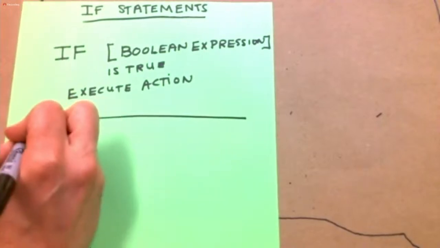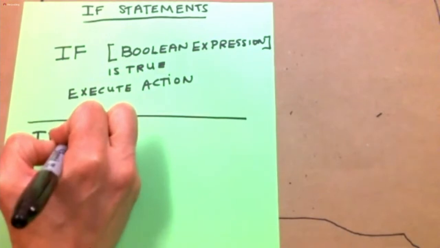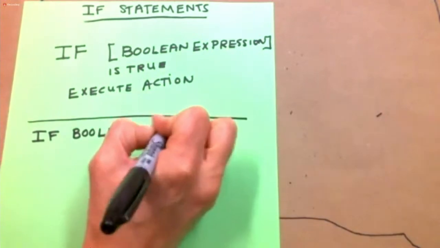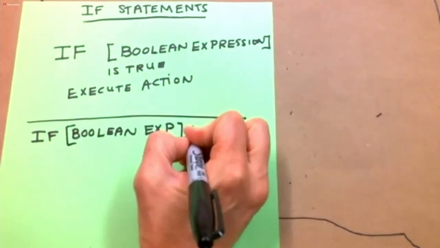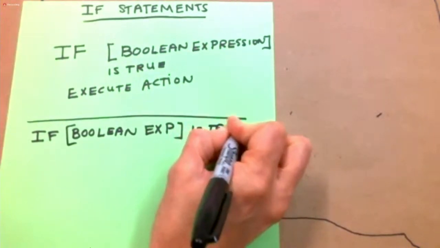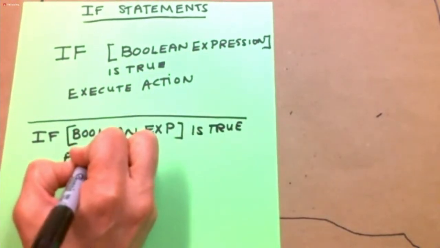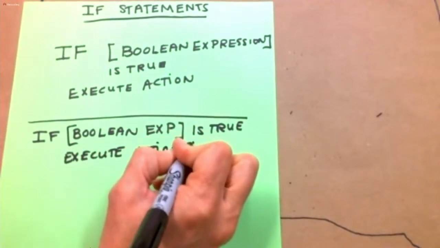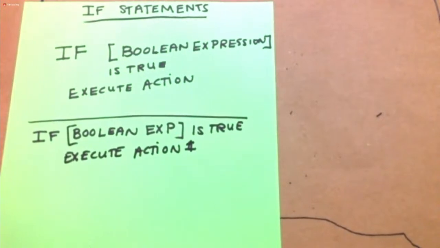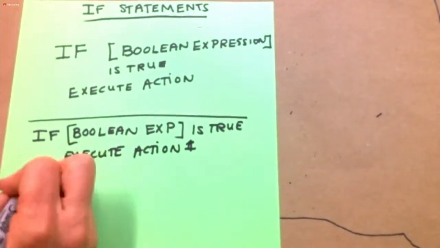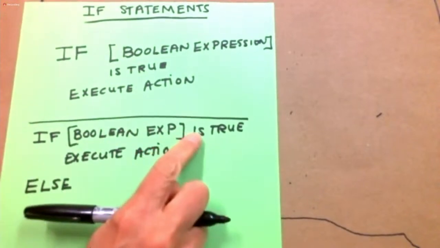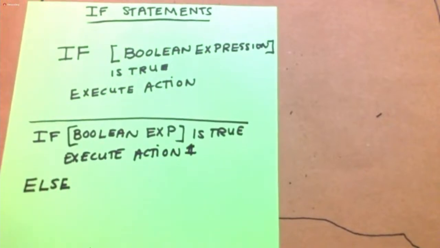Sometimes there's another statement after that. It still starts with a Boolean expression. And if that Boolean expression is true, you're still going to execute an action. This time I'm going to call it action 1. Else, meaning if that Boolean expression is not true, I'm giving you another action to execute.